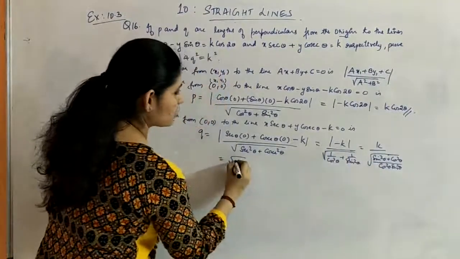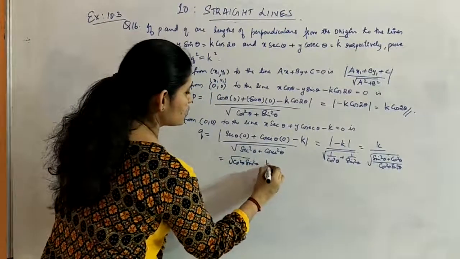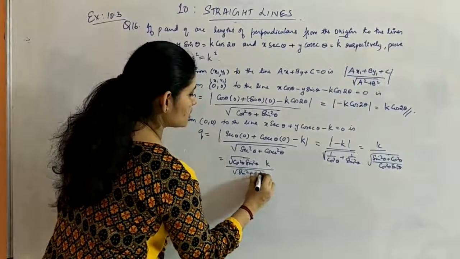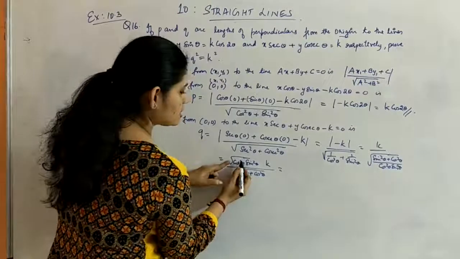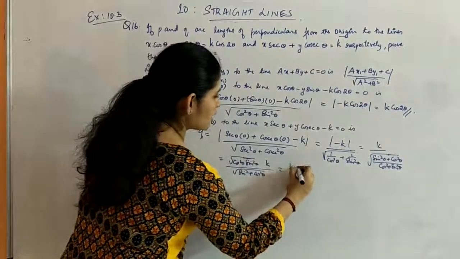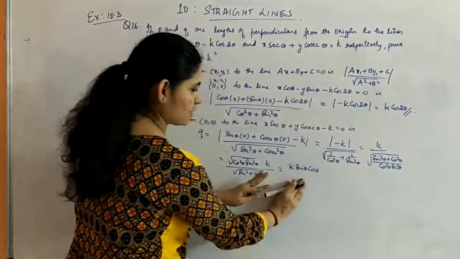So it is root of cos square theta into sin square theta, into k, divided by root of sin square theta plus cos square theta. This is 1, and this will give you sin theta cos theta only, because it is inside the root. So it is k sin theta cos theta divided by 1, or you can say this much is your Q.